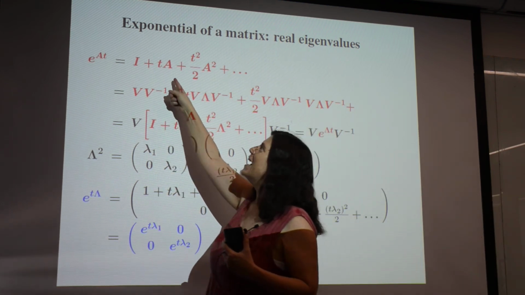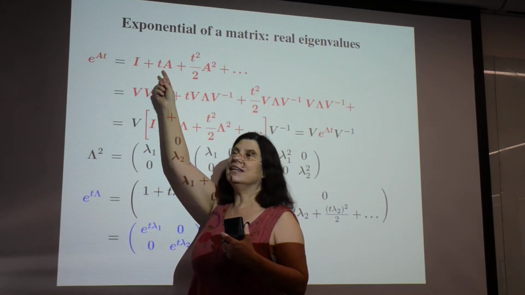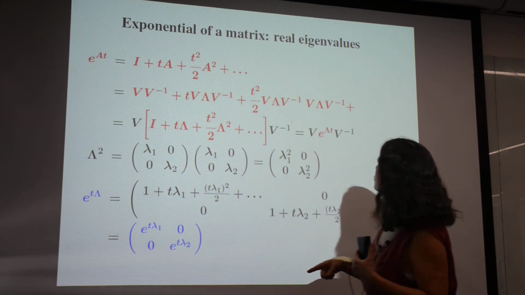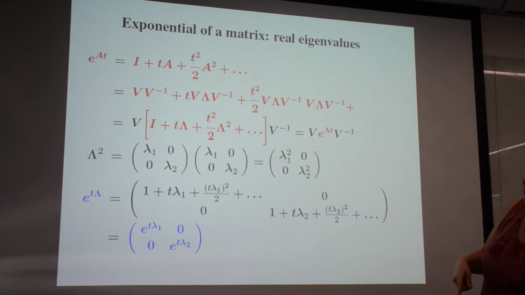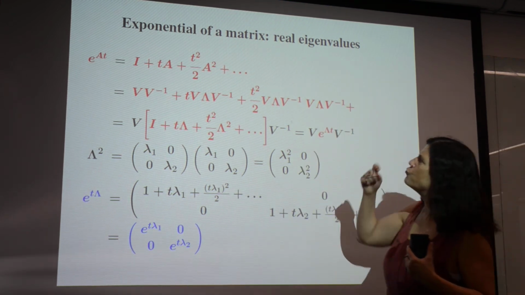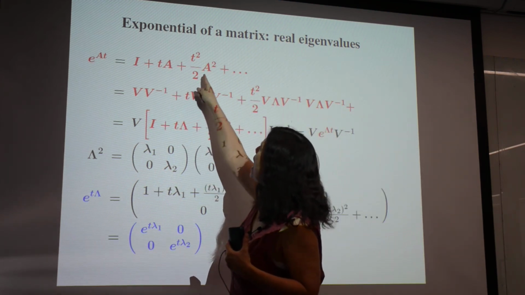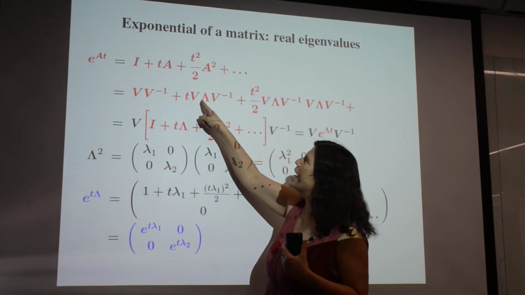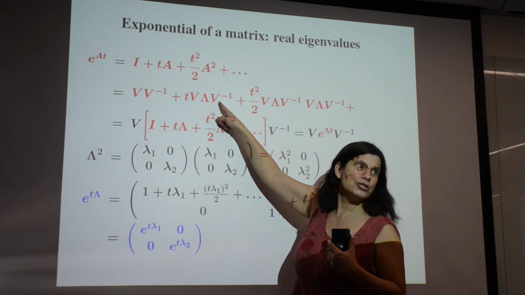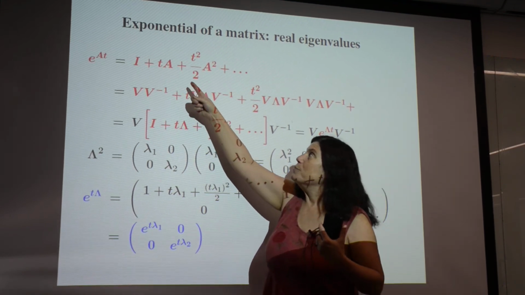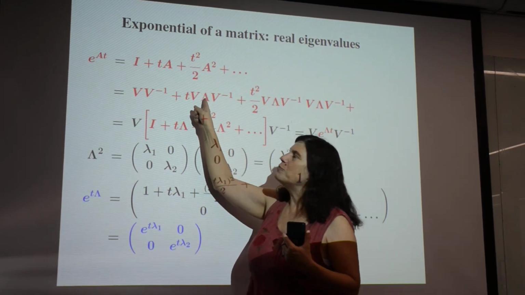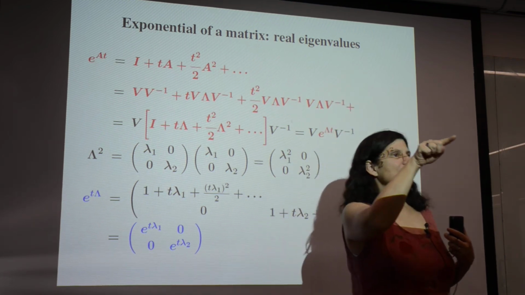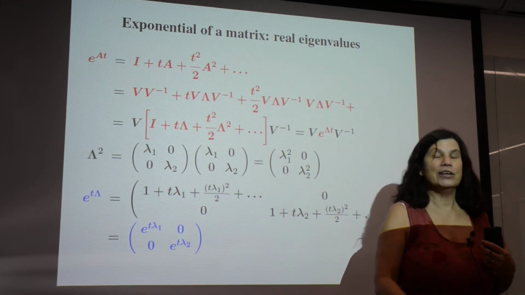Well, let us diagonalize A. Let us write A as V lambda V inverse. That's what it means to diagonalize, where lambda is a diagonal matrix containing the eigenvalues.